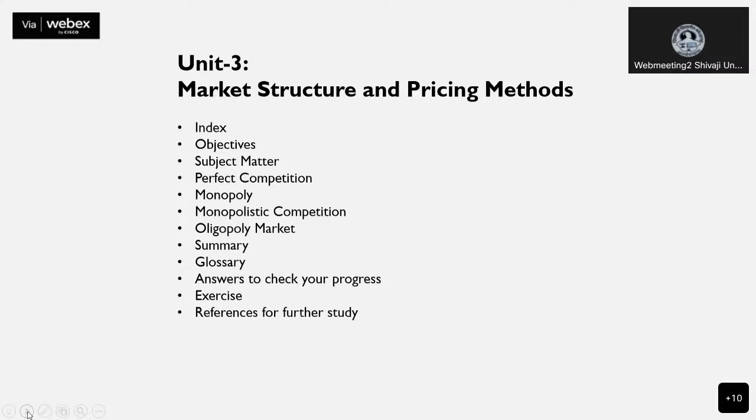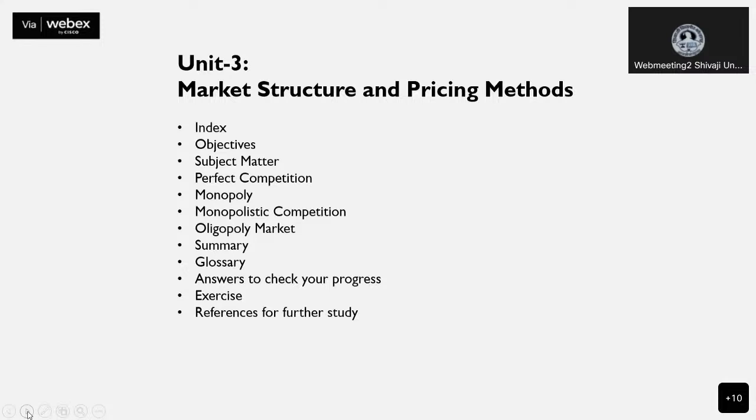As I told recently, 3 to 4 stages you have to follow honestly, so that the study of managerial economics will be fulfilled by yourself, being ready for your university examinations. So, unit number 3, market structure and pricing methods. Through this unit, we are going to study market structure and different pricing methods.